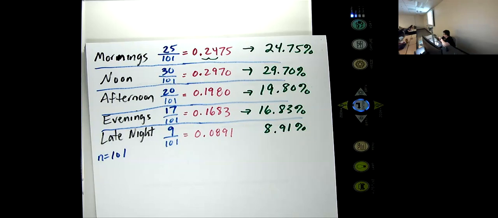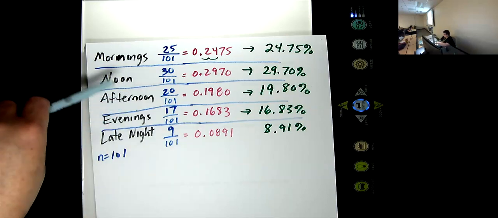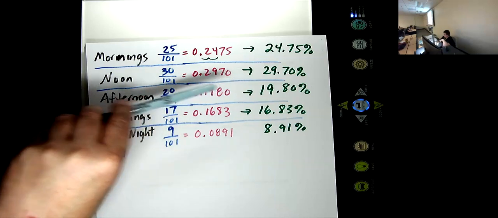Now, 25 people was not as meaningful, but 24.75%, that's roughly a fourth of them. Everyone has a general feel for what 25% is. For some reason, we're all okay with percentages, for the most part. Noon looks like it's the biggest one, clearly, because it's got the highest percentage.